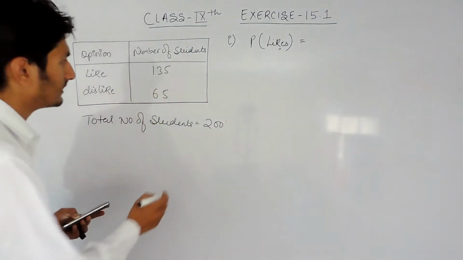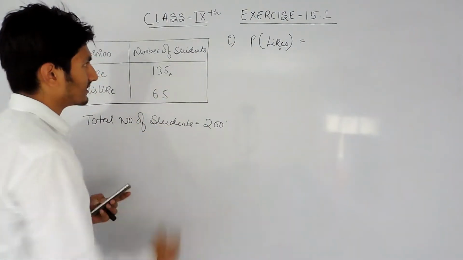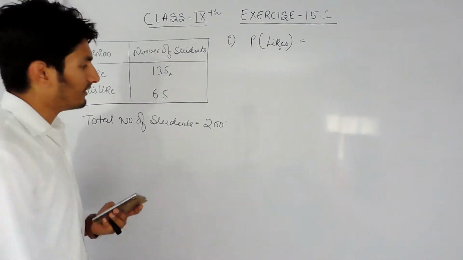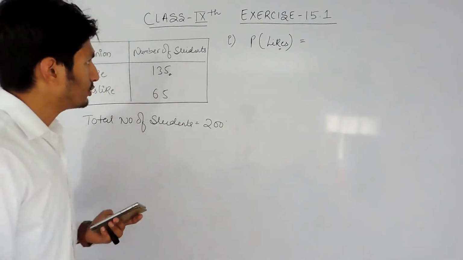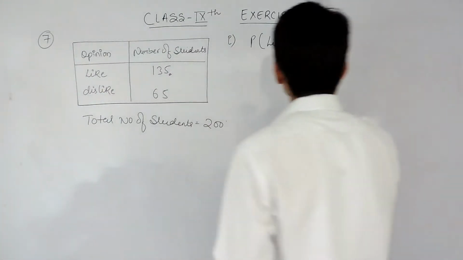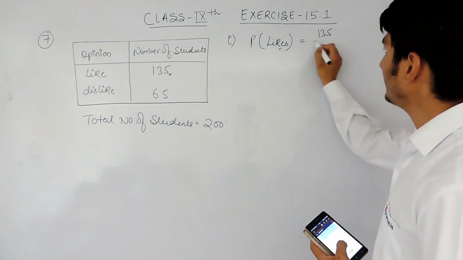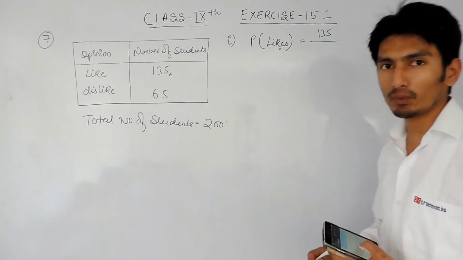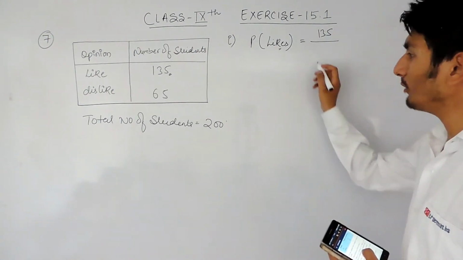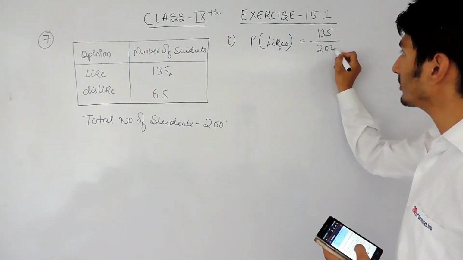For this case, the event has occurred in 135 out of 200 trials. So the number of trials in which this event has happened is 135, and in the denominator it is the total number of trials.